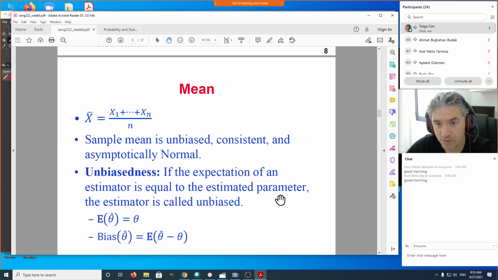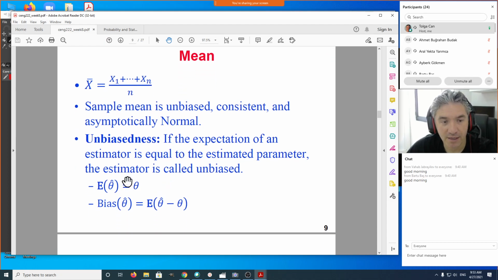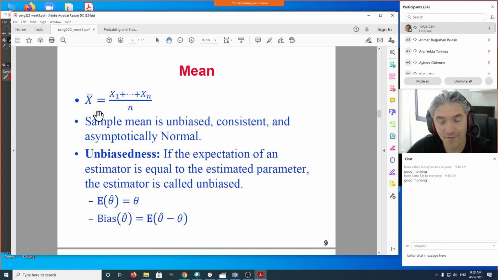We talked about some characteristics of the sample statistics that we compute, for example, being unbiased. Unbiasedness is something that we can compute theoretically, mathematically, if you know how your sample statistic is computed from your individual data points, and if you know the distribution of your individual data points.